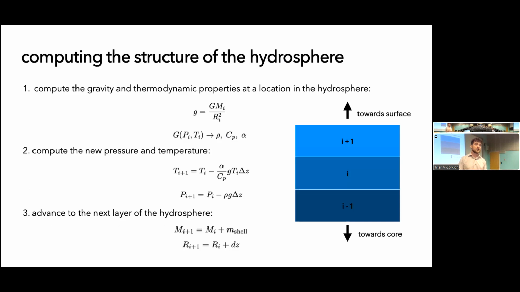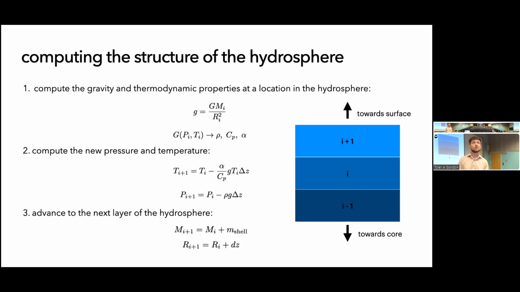And then in combination with the surface gravity at that point in the hydrosphere, we can advance the temperature and the pressure upwards to the next level in the hydrosphere. And then recompute the mass and the radius interior to that shell in the hydrosphere and iterate in order to compute a pressure temperature profile all the way up to the surface.